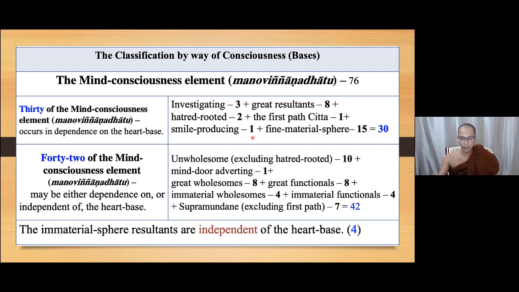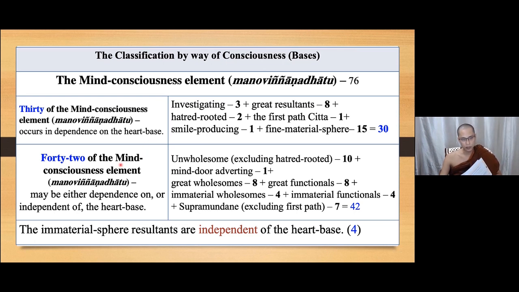It needs materiality. So it arises only in the plane of existence where materiality arises. And the fine-material sphere ones also cannot arise in the immaterial sphere. They arise just in the plane of existence where materiality exists. So they are based on the heart base, depending on the heart base.